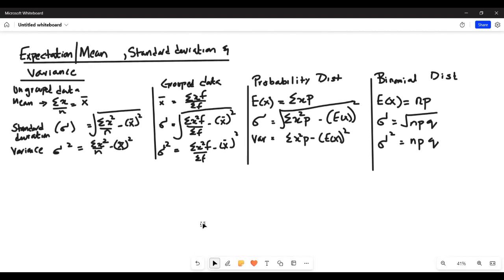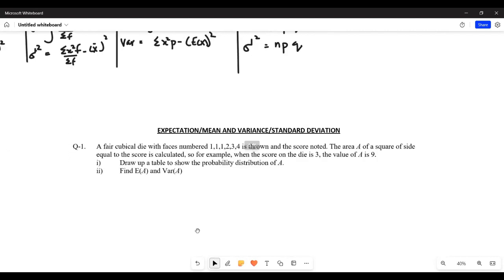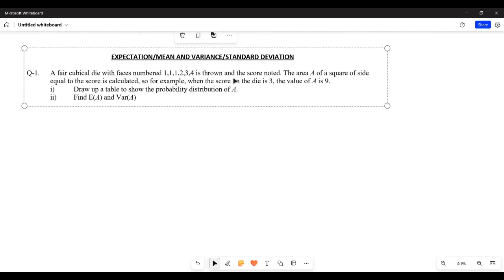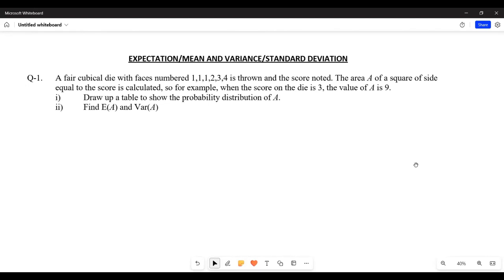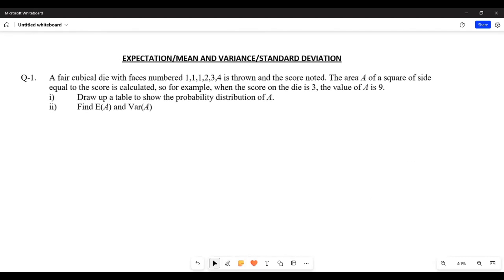Question number 1. A fair cubical die has faces numbered 1, 1, 1, 2, 3, 4. It is thrown and the score is noted.